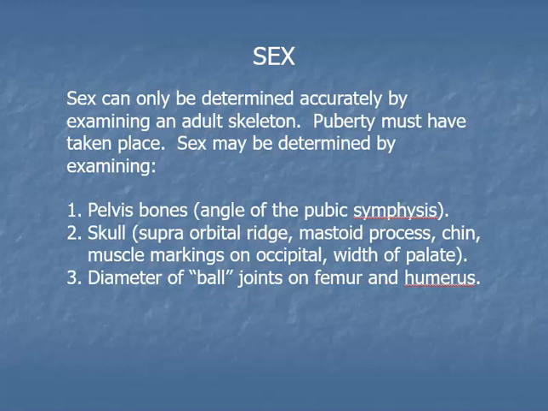Unless, if it's a female and you have heavy muscle markings on the back of the occipital bone, it might indicate that this individual is a bodybuilder. So they might have heavy muscle markings. Also, the width of the palate. Females have more narrow palates. This is where you're looking at the maxilla area of the skull, of the teeth.